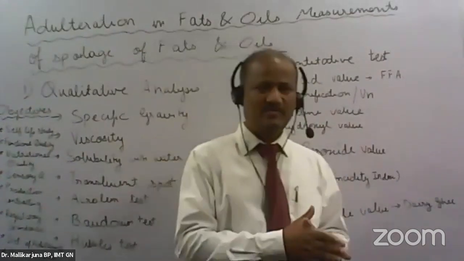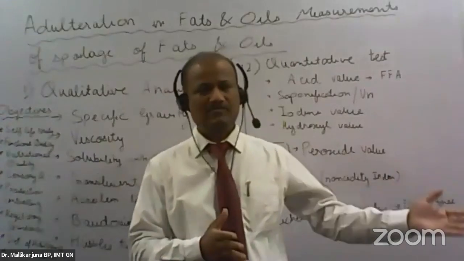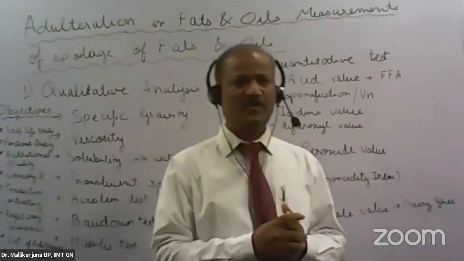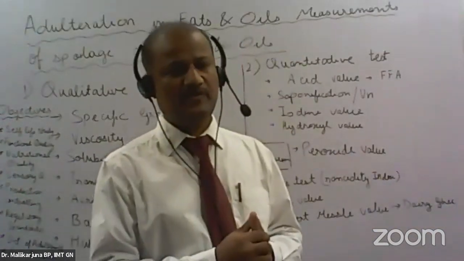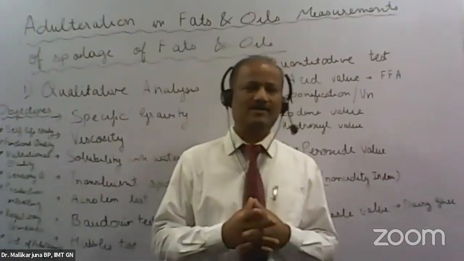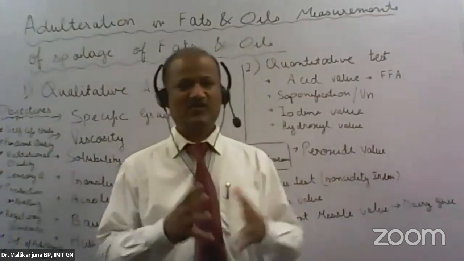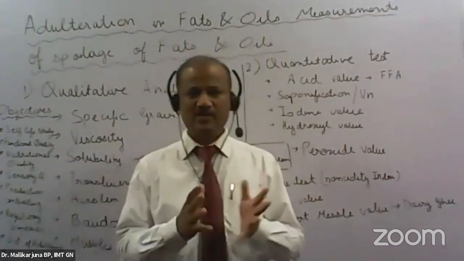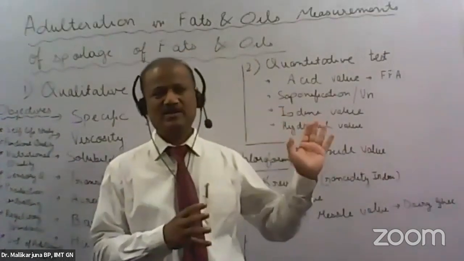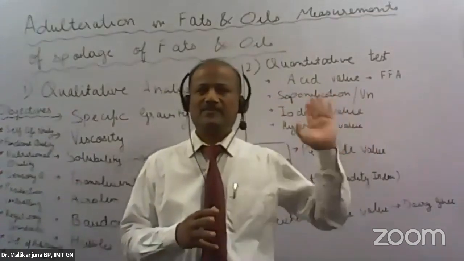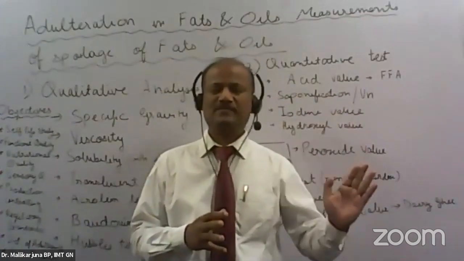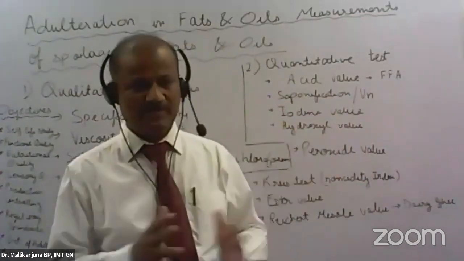Maybe it is mixed with something else by fraudsters to make big profits, exploiting us. My concern is for all of you; I hope this lecture has been useful. And my message is, adulterated fat and oil is not fit for human consumption.